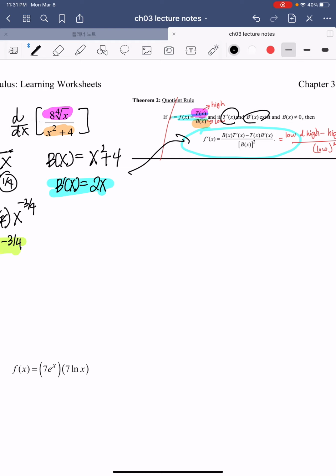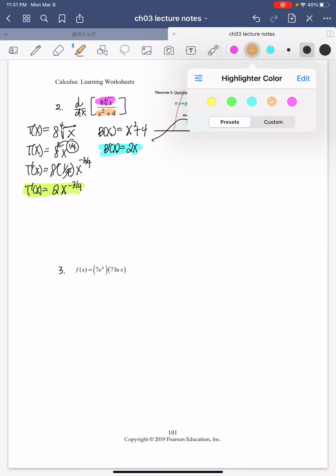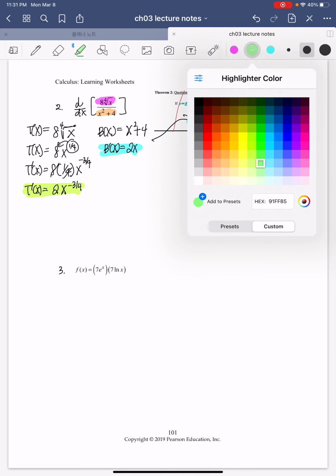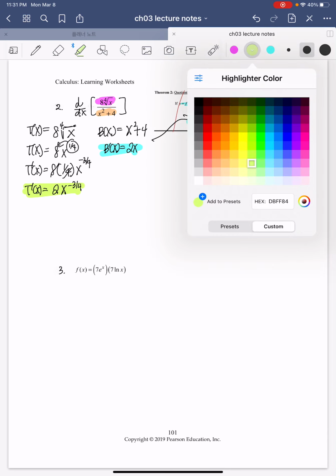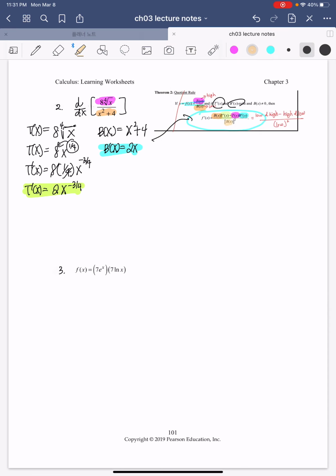So it looks like I have b of x first, low, bottom one, and then t prime of x, which is the green one. And then regular t of x, which is the pink one. And then b prime of x, we use the blue one. And then you have regular b of x, which is the orange one, whole thing squared. Okay?